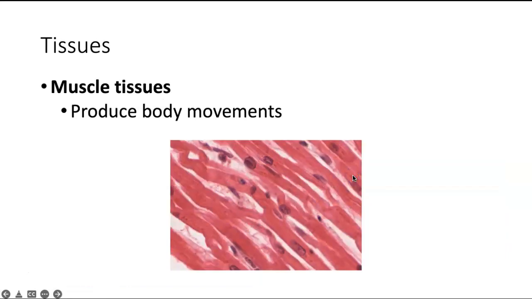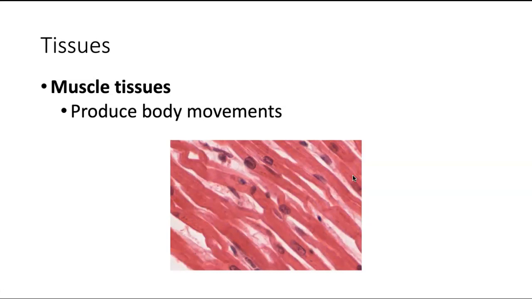So, muscle tissues, these produce body movements. A misconception probably about muscle tissue is that it's not just your muscles, it's not just your biceps, it's not just your hamstrings. All right, it is a wide variety of different tissues in the body. So for example, your heart is pretty much just a giant muscle. It really is primarily muscle.